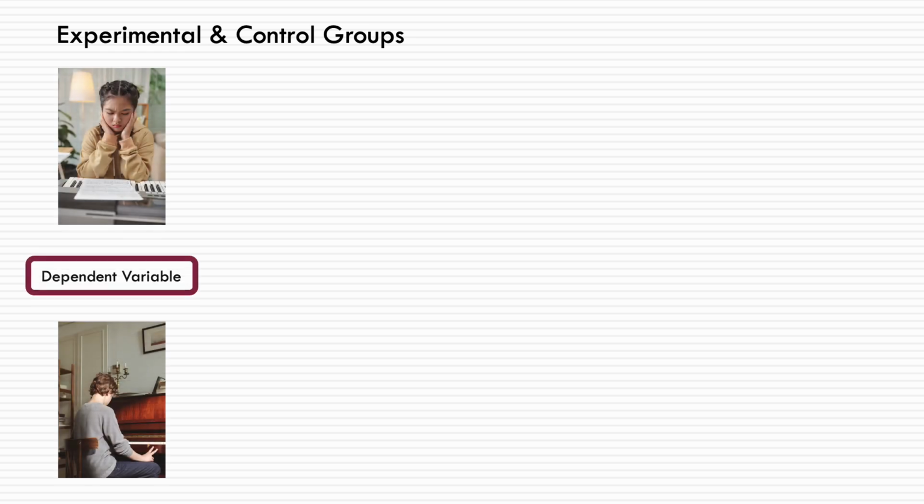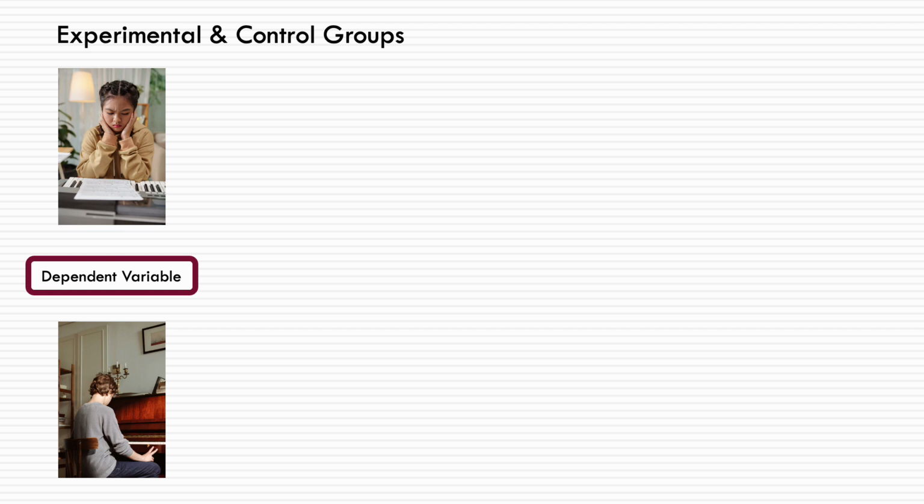So the way to get around that is to actually have two groups of subjects and split them into what we call experimental and control groups. In experimental and control groups, you treat the groups differently.